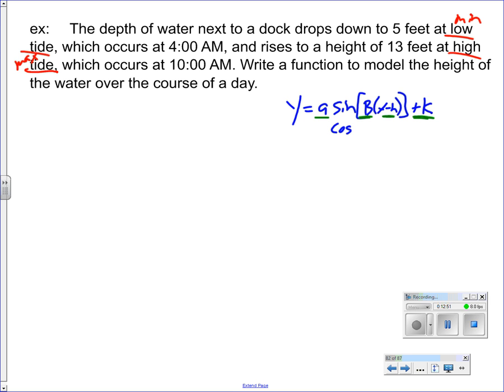So whether it's sine or cosine, if we go from the minimum to the maximum, that's going to be half the period. So if we're going from 4 a.m. to 10 a.m., that's 6 hours, which is 1/2 of the period. So the full period is going to be 12 hours.